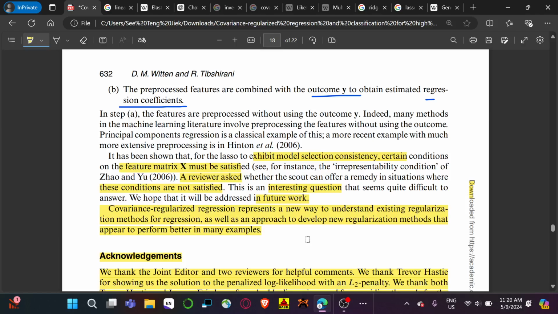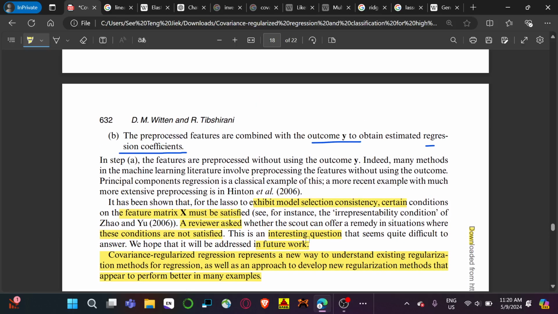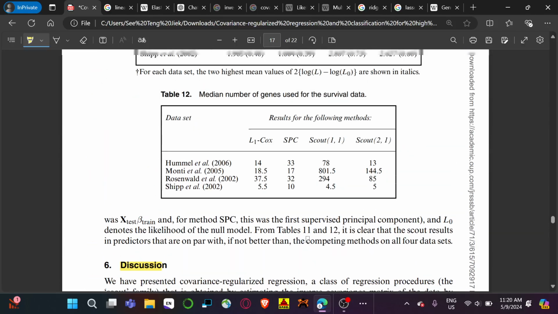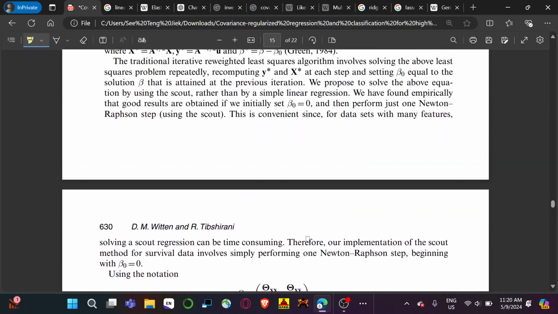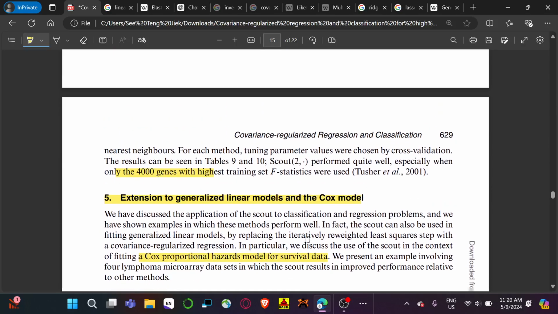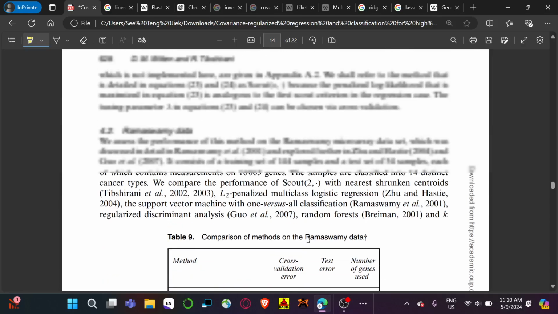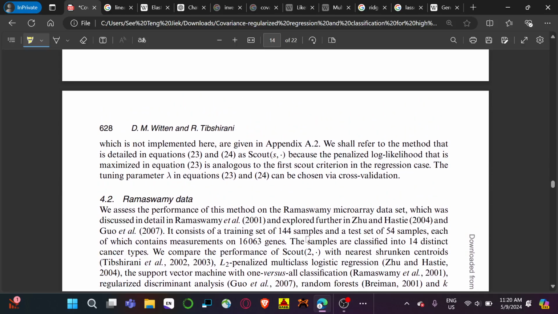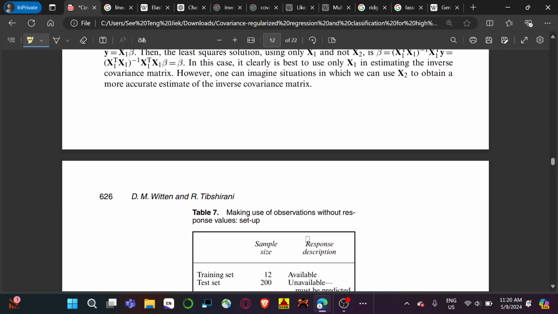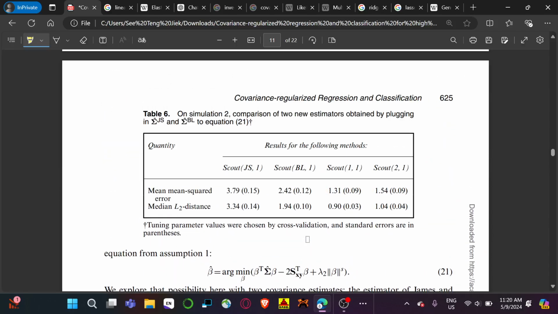What I mean by half is that it gives you a new insight, but it doesn't necessarily guarantee that you can achieve higher accuracy with Scout. Since that's the case, I don't think we should even bother covering the entire paper, honestly. So how about we just get to the main part of it?